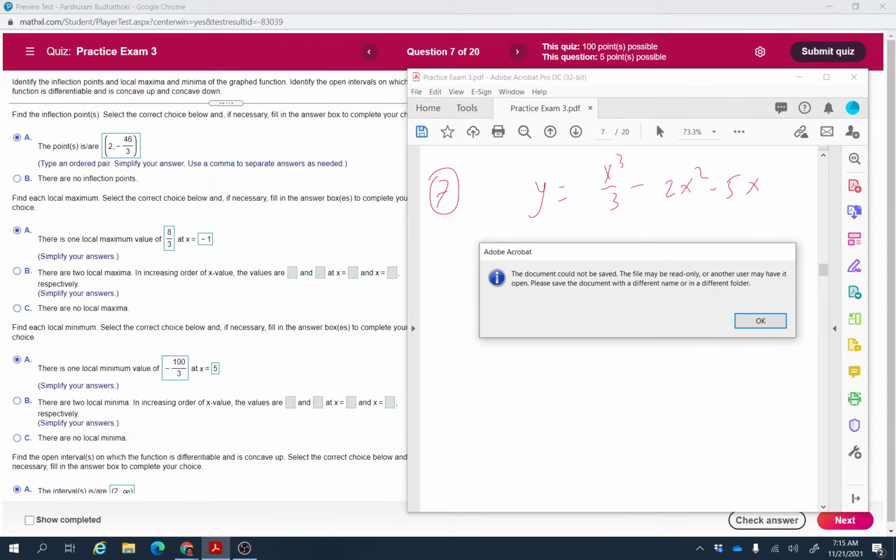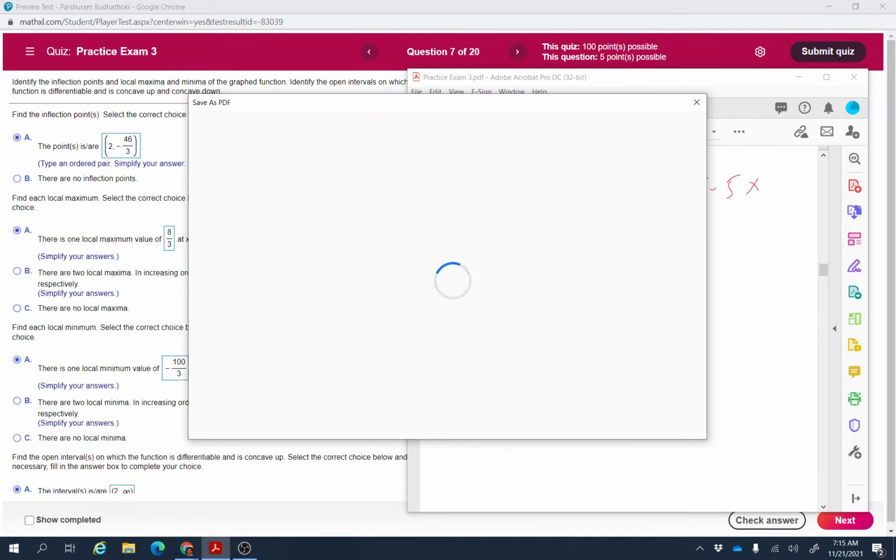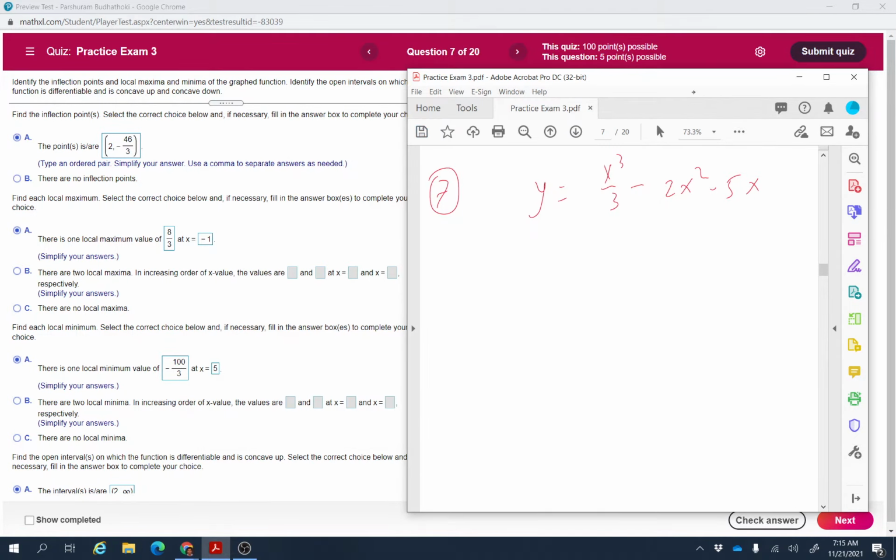Since we're talking about the inflection point, we have to find the first derivative, then the second derivative, and then equate that second derivative with 0 for finding the inflection point. The first derivative by the power rule is x squared minus 4x minus 5. The second derivative is 2x minus 4, which is 2 times x minus 2.